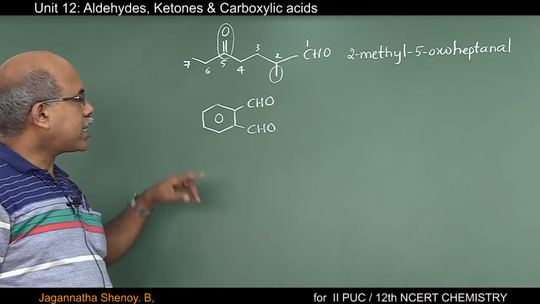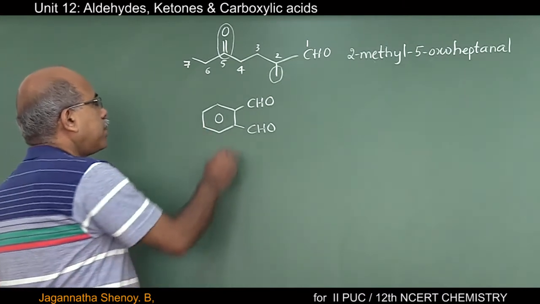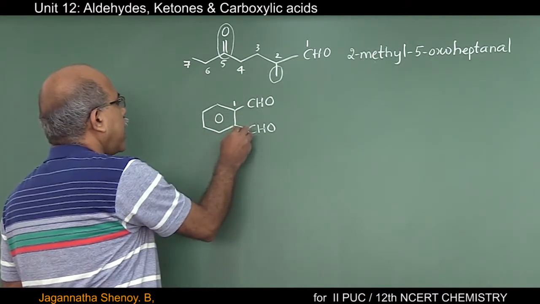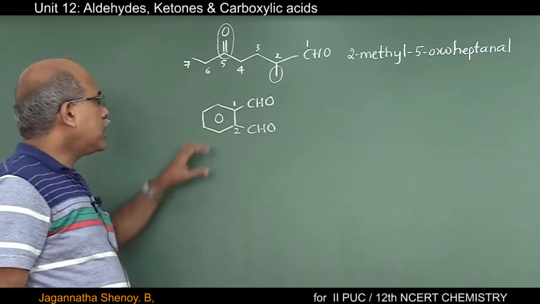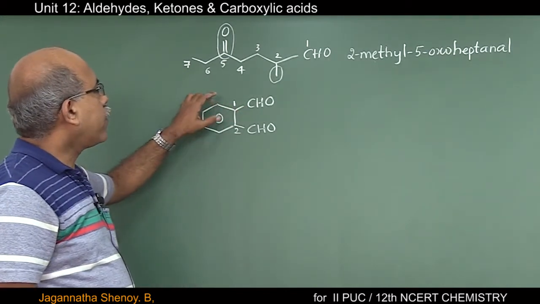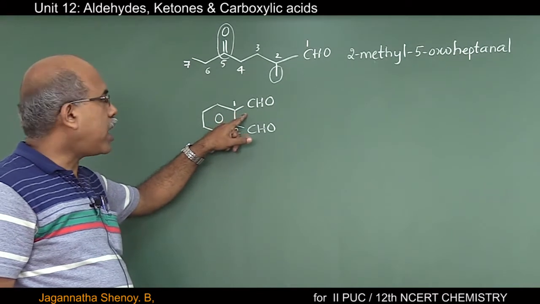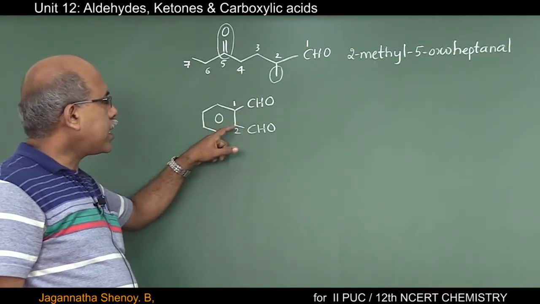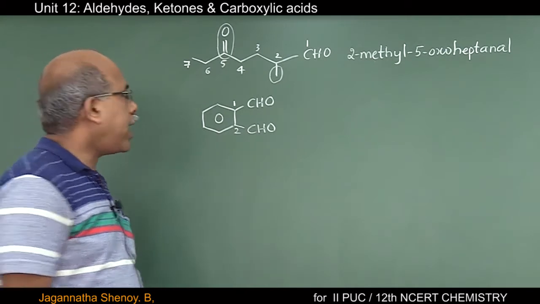And going to the last example, you know this is carbon atom number 1, this is carbon atom number 2. So this is nothing but benzene, and on the first carbon atom we have carbaldehyde, on the second carbon atom again we have carbaldehyde.